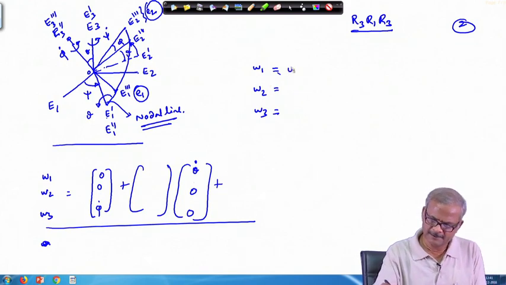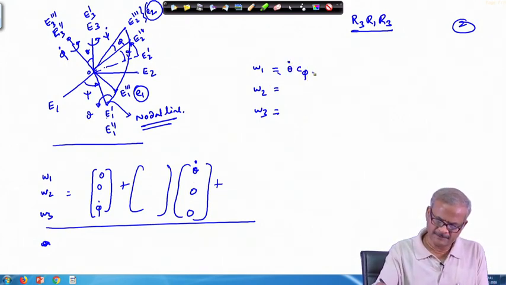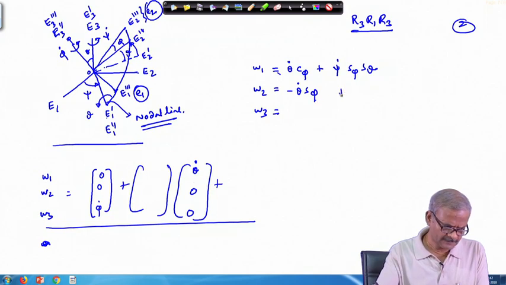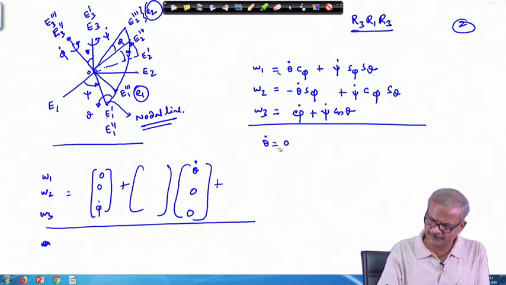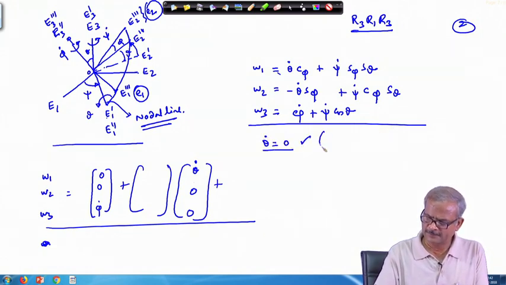So, omega 1 is theta dot cos phi plus psi dot sin phi sin theta, and omega 2 is minus theta dot sin phi plus psi dot cos phi sin theta, and omega 3 we have written as phi dot plus psi dot cos theta. We know that theta dot equals 0 because theta is a constant.